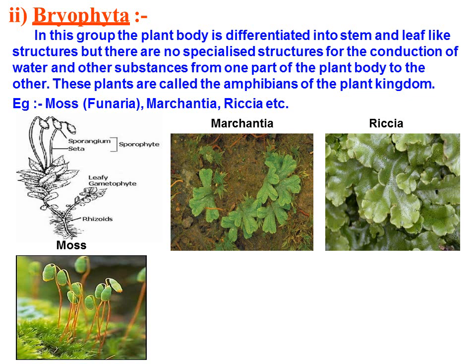Then we have Bryophyte. In this group, the plant's body is differentiated. So in Thallophyta, the plant body is not differentiated, and in Bryophyta, the plant's body is differentiated into stems and leaf-like structures, but there are no specialized structures for conduction of water and other substances from one part of the plant body to another.